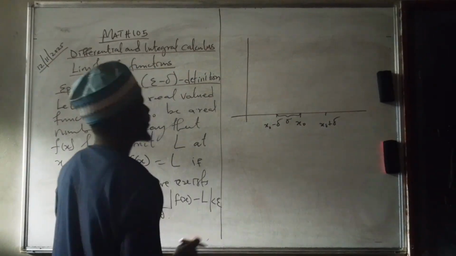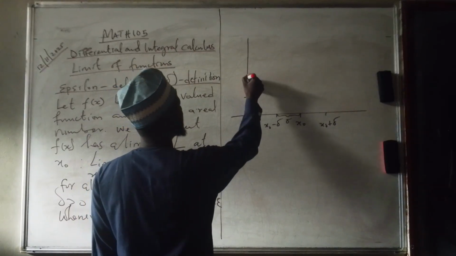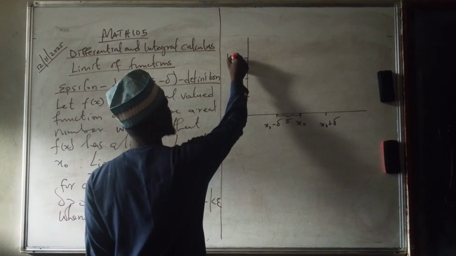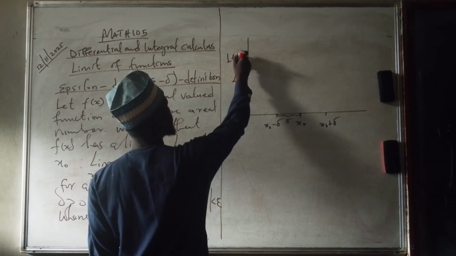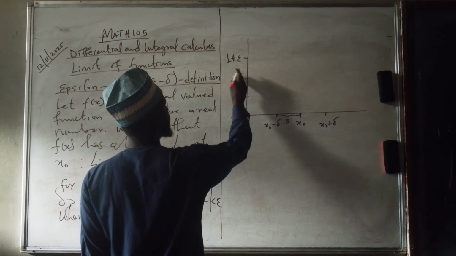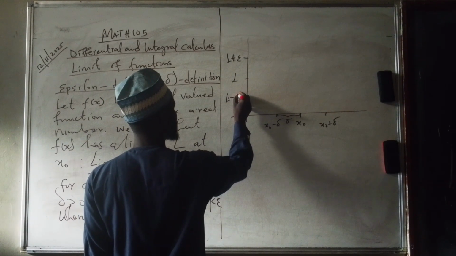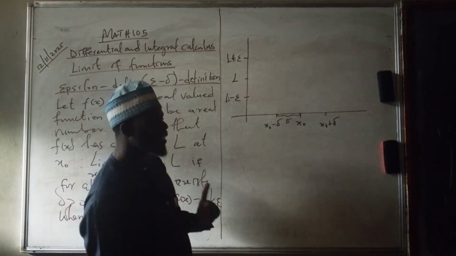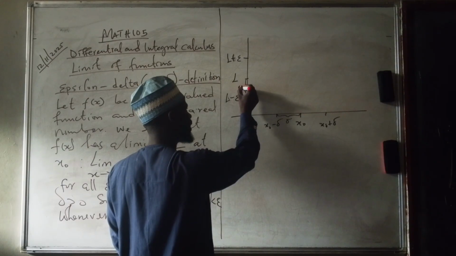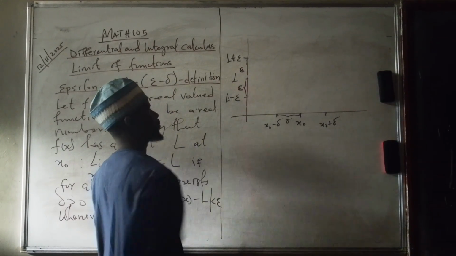Similarly here. And here is the limit, and here is the limit plus some distance epsilon. Here is the limit minus some distance epsilon, meaning that from here to here is the epsilon, and also from here to here is the epsilon.